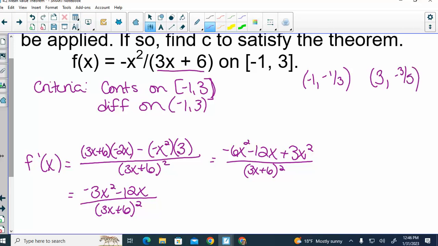Alright, so slope is y sub 2 minus y sub 1 over x sub 2 minus x sub 1. So, negative 1 over 15. You guys better do this and check me.